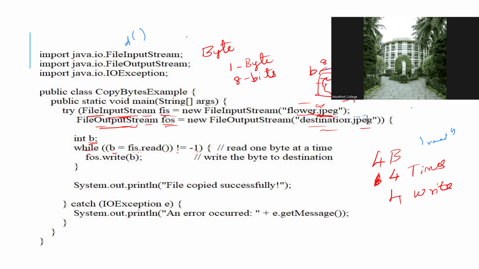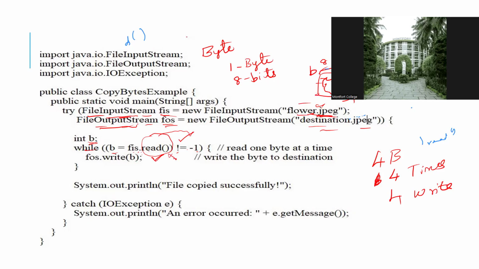In that situation, when the FIS read is not equal to -1, we have to write b, because we are performing the read operation. Something must be there, then only not equal to -1. If something is not there, then obviously it is going to be equal to -1.